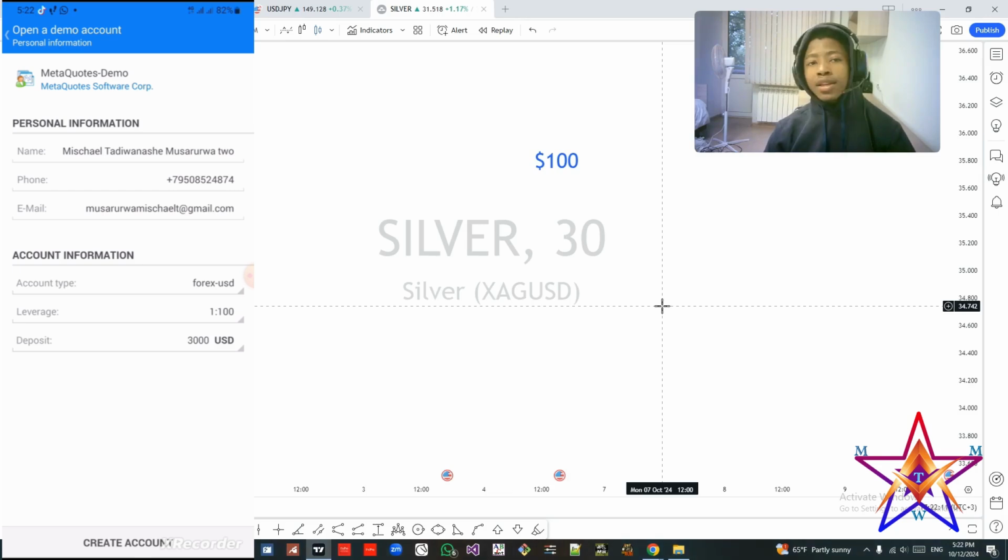Not even a single person, with those petty amounts which we deposit like 50 bucks, 100 bucks, can afford to buy one stock or one position in the forex trading market, even at 0.01 lot size. But because we use leverage, our capital seems amplified.